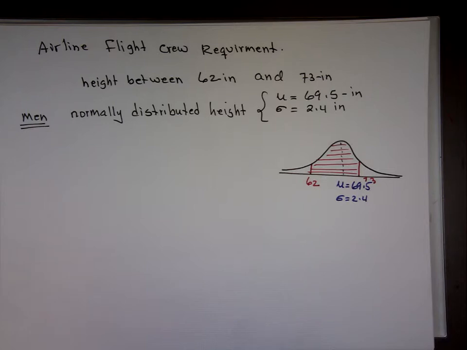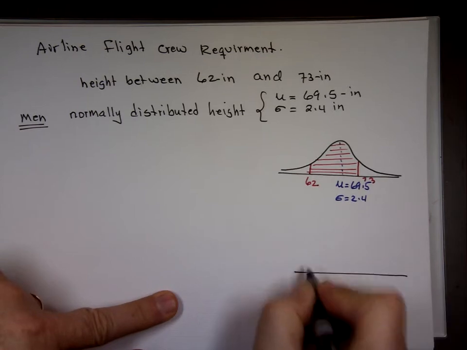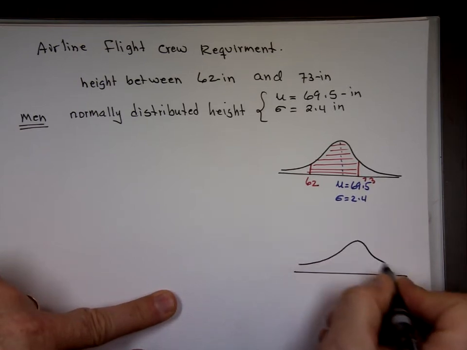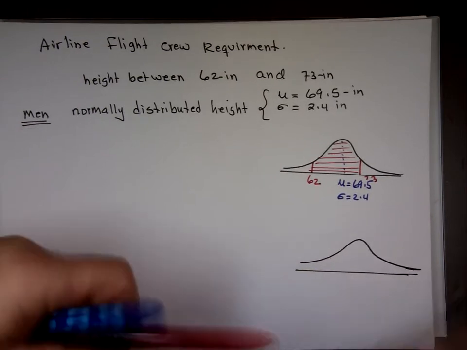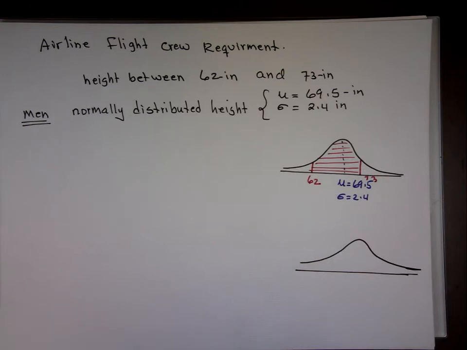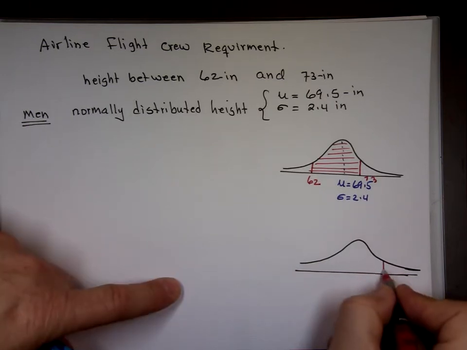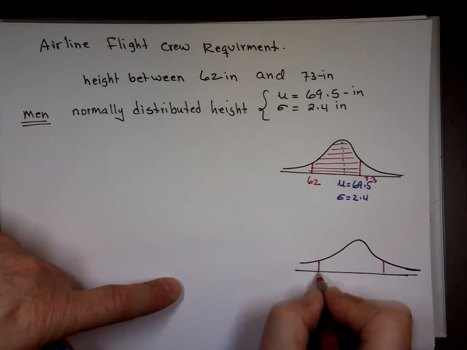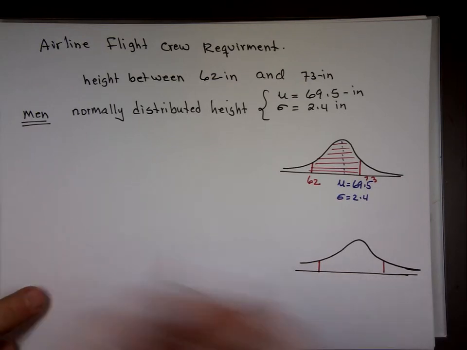That means I got to find the z value that goes with each one. Let me find the z value for the 73, the z value for the 62, and do the problem.